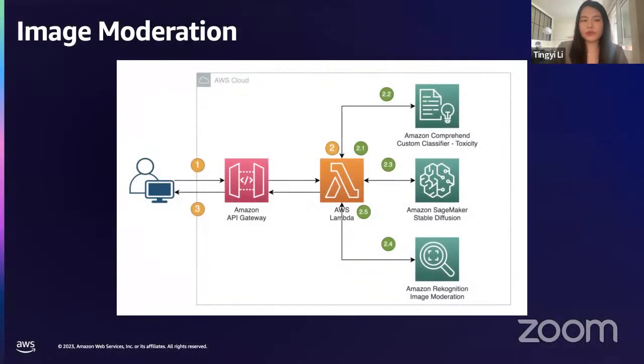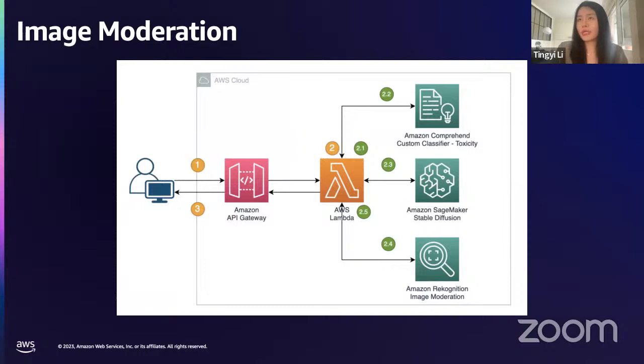So the architecture for this one would be: you're hosting your application still on Lambda, and you expose it via an API Gateway. And then behind the scenes, you have Stable Diffusion, right? When the request comes in, the Lambda function does three things. First of all, it will trigger an Amazon Comprehend custom classifier.